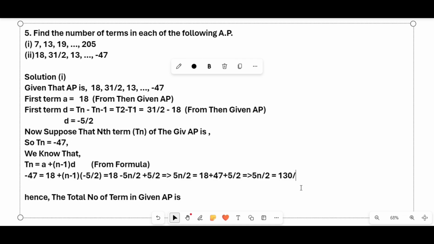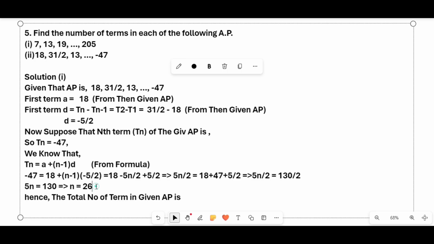130 by 2. We can cancel the 2 from this side and this side. So here it will be 5n is equal to 130. When we divide, n is equal to 5 2s are 10, 5 6s are 30.